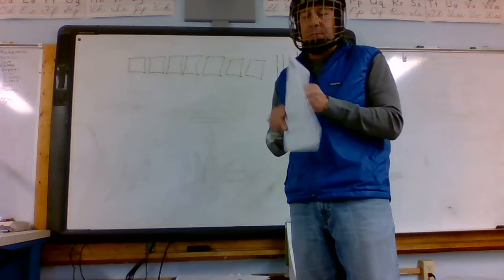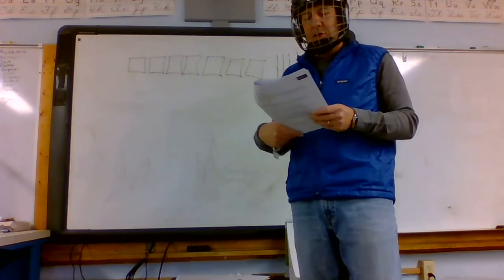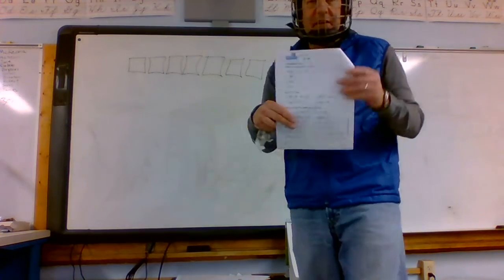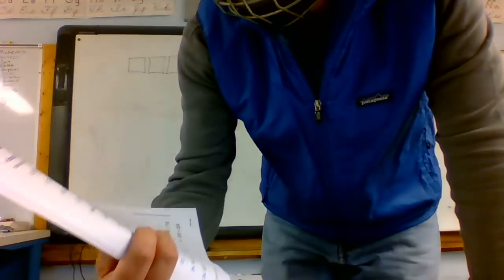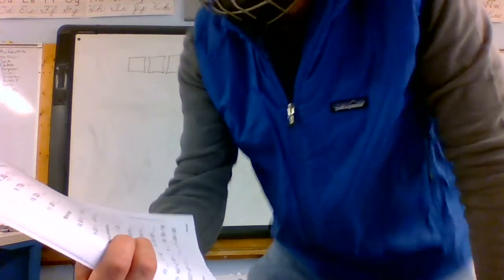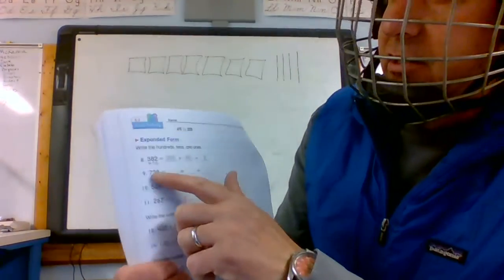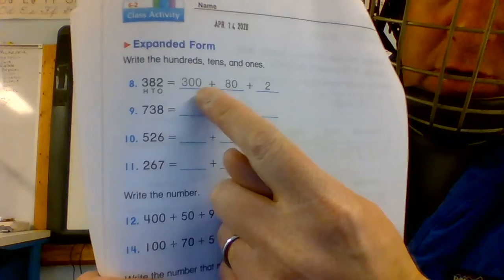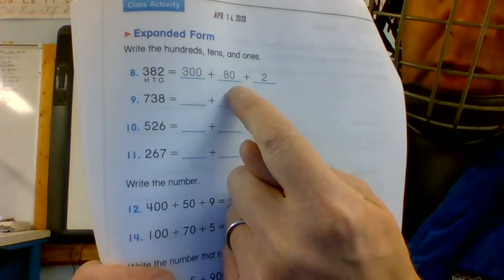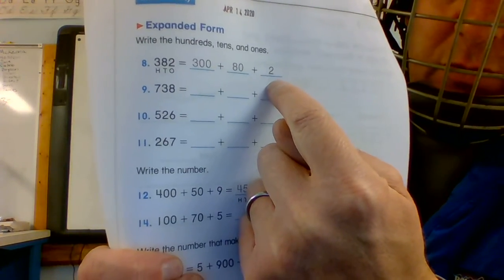Okay, next page. This is the expanded form. Expanded form, okay? So we want to write, like this one, number 8 says 382. It's the same as saying 300 plus 80 plus 2.